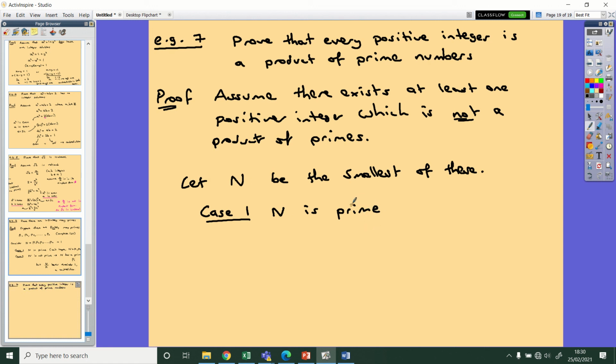Because if N is prime itself, then it is a product of primes, because it's just itself, and that's a product of primes. Okay, so that's out. We can't have N being prime. So that means then that N is not prime.